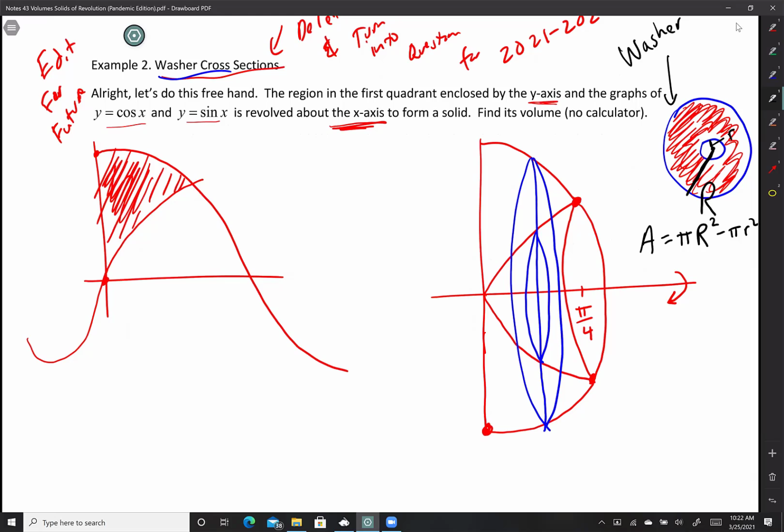And yes, you can factor out a pi, guys. Area equals pi times big R squared minus little r squared. So that's exactly what I'm going to do. I'm just going to do area of a washer because that's what that cross section is.